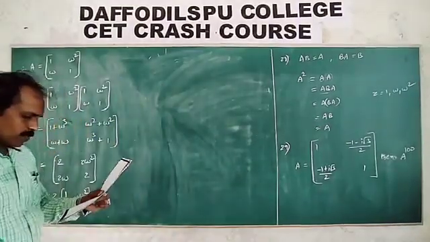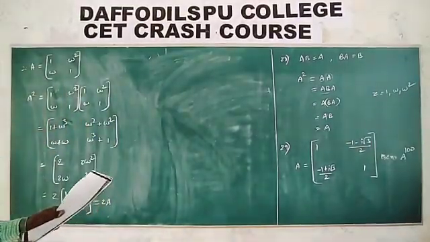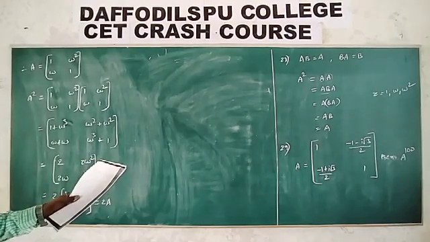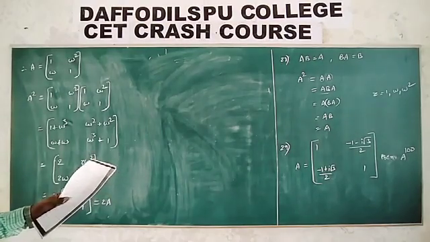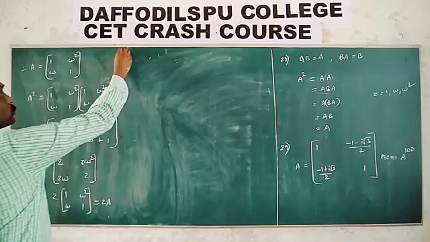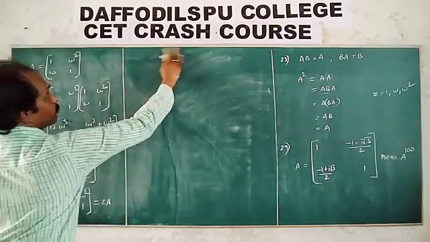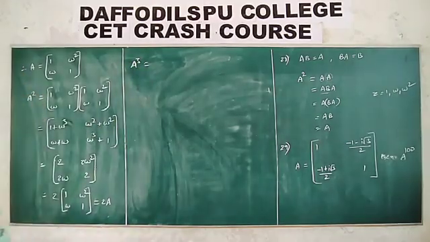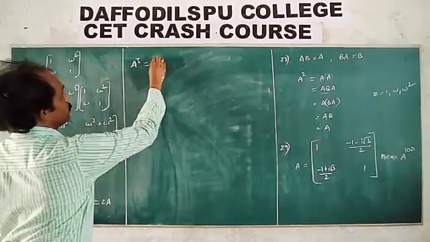So it depends on the options. What are the options? 2 power 100A, 2 power 99A, and like that. A square is equal to 2A. If you take A cube, how can you write it?